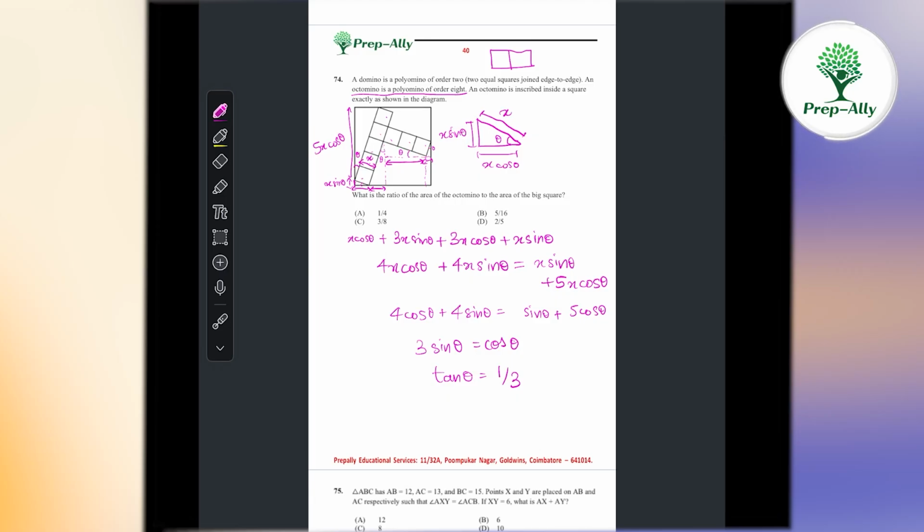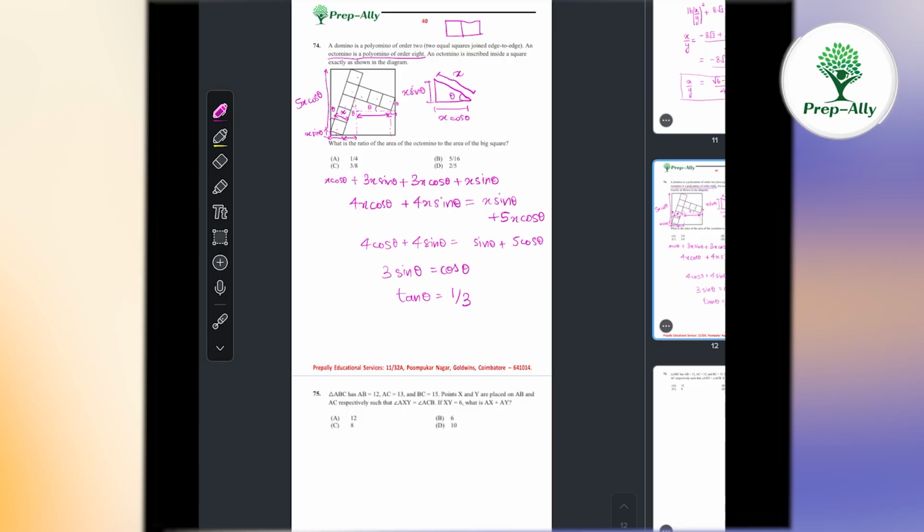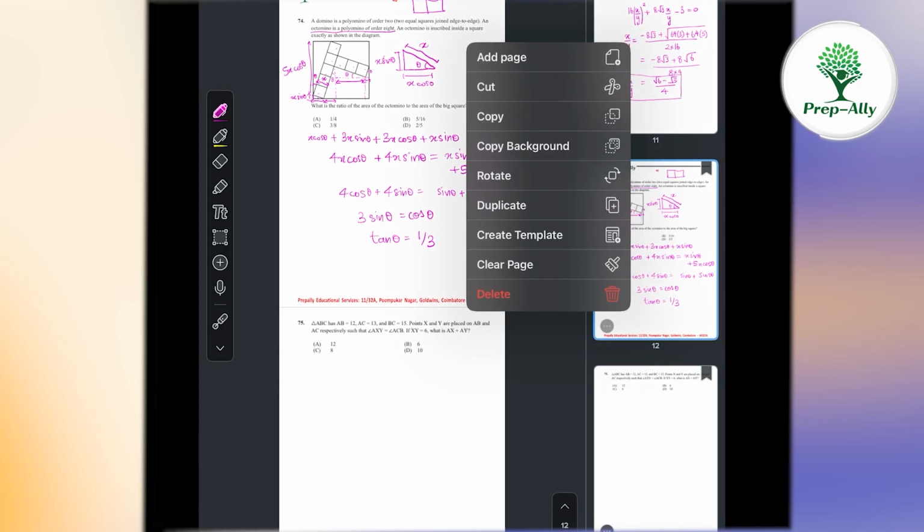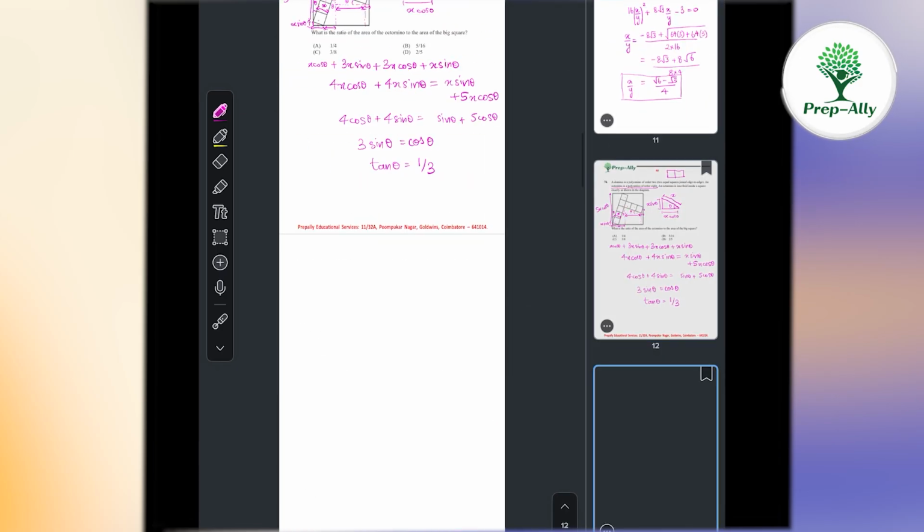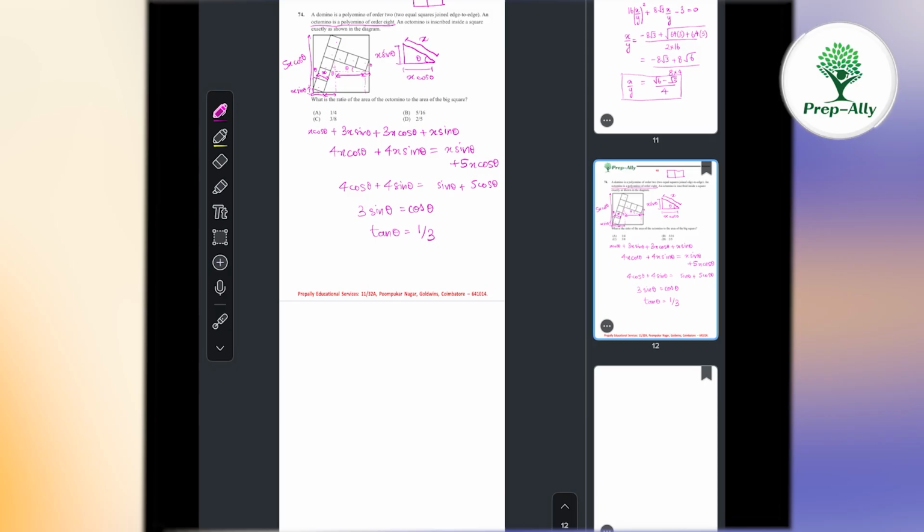So what have we been asked? We're asked the ratio that equals area of domino divided by area of big square, right?